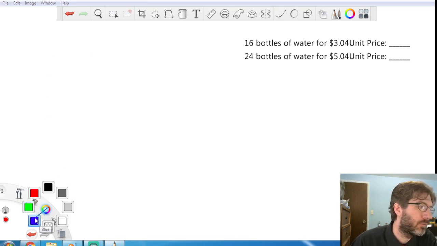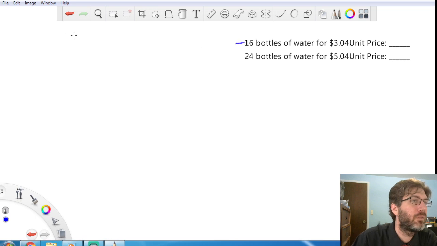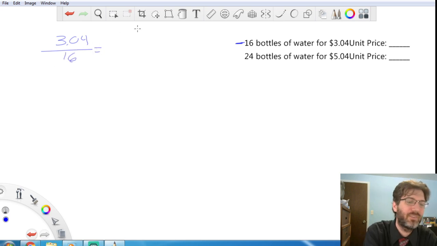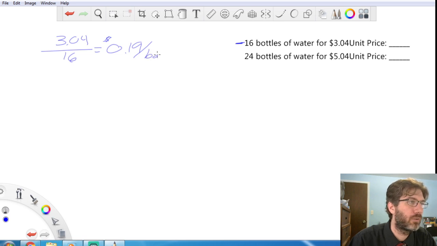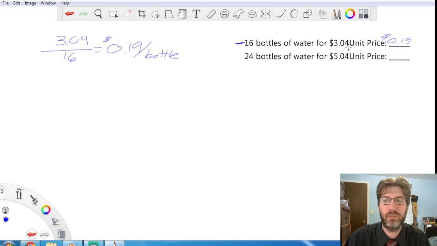So our first one, we'll keep things with blue. So this is me doing it in blue. You have $3.04 over 16. You just divide it to get your unit rates. So 3.04 divided by 16 gives you 0.19. And this is dollars per bottle. So over here your unit price is 0.19 or 19 cents per bottle. And again, it says unit price, so it's implied that it has the per bottle there because it says unit price is 0.19.